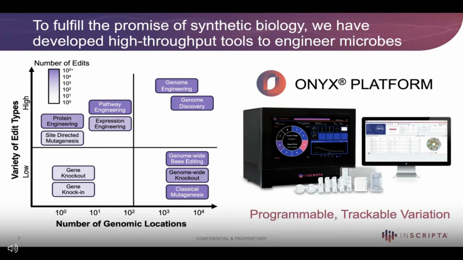That's where genome discovery and genome engineering comes in. That's also capable of being accomplished with the same automated Onyx platform: genome-wide knockouts and genome-wide promoter insertions that give the capability of discovering all those unknown variables that can improve expression of a protein.